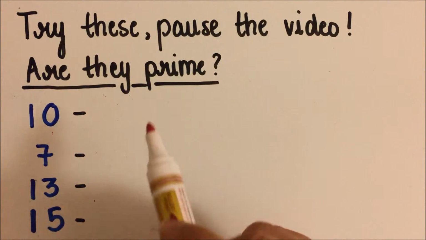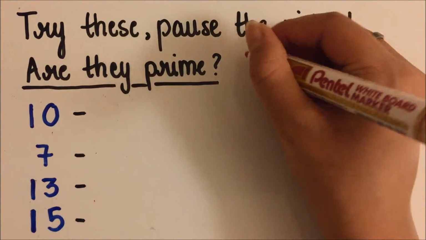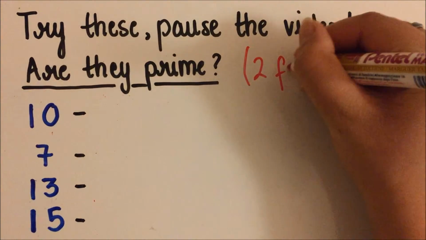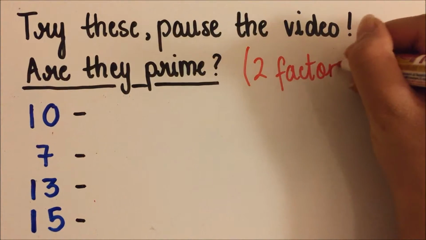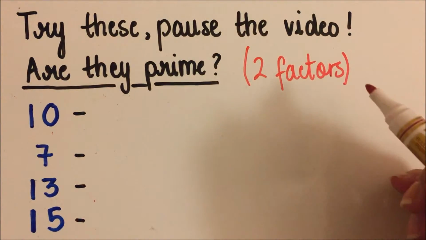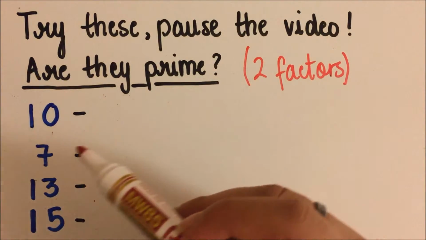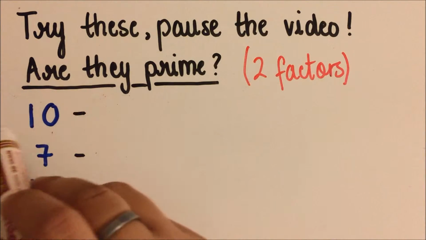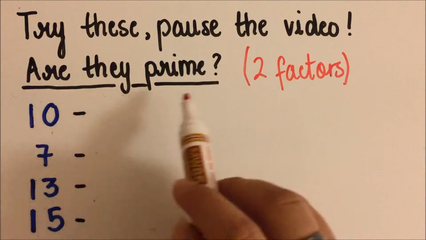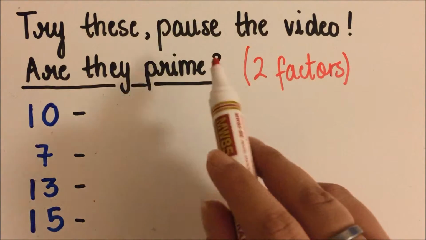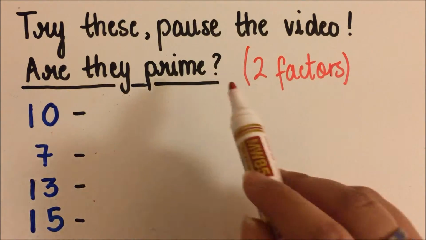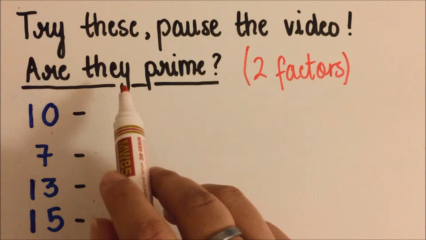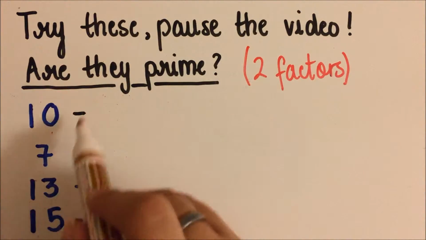Like I said earlier, a prime number only has 2 factors. And the reason is every number is going to have 1 as a factor and itself as a factor. That's why a number that is prime will only have 2 factors, or a number that only has 2 factors is a prime. So let's take a look at number 10.